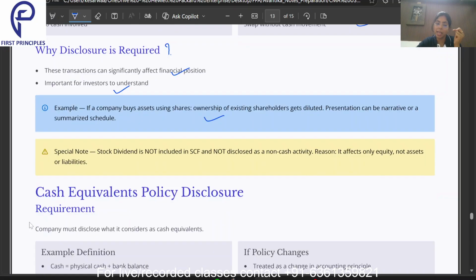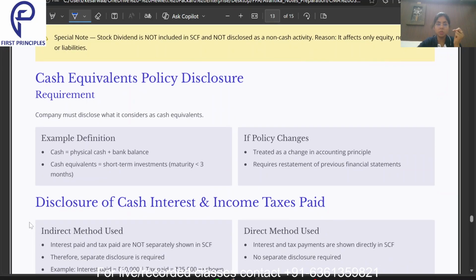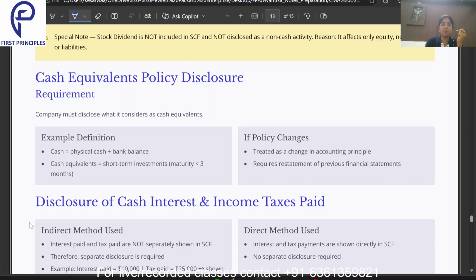One special note here: stock dividend is not included in the SCF and not disclosed as a non-cash activity. Reason: it affects only equity, not assets or liabilities. Stock dividend we have already discussed in a previous video.